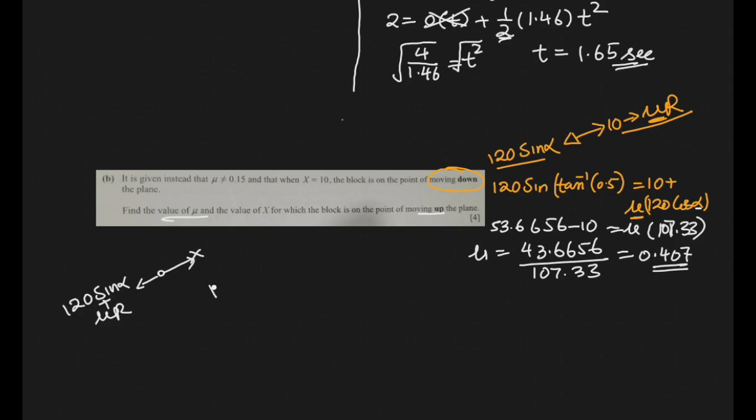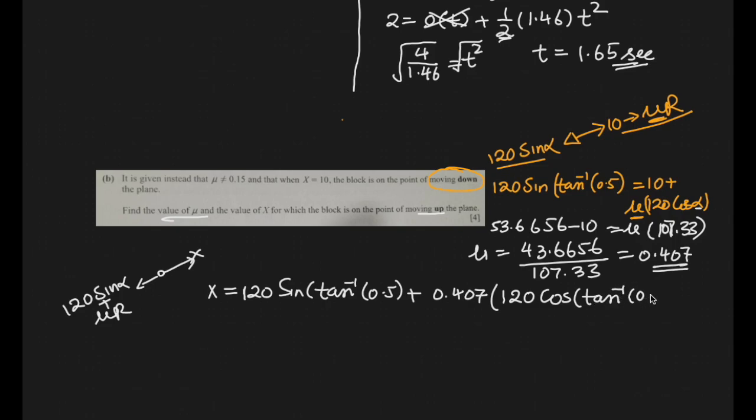So x is equal to 120 sine tan inverse 0.5 plus, and now we all know 0.407 is mu, and then we'll write 120 cos tan inverse 0.5.